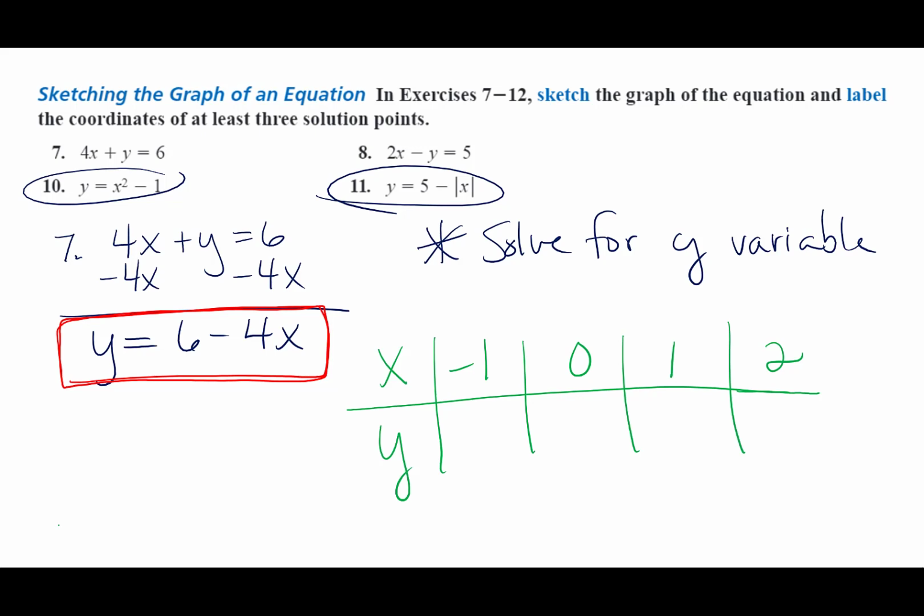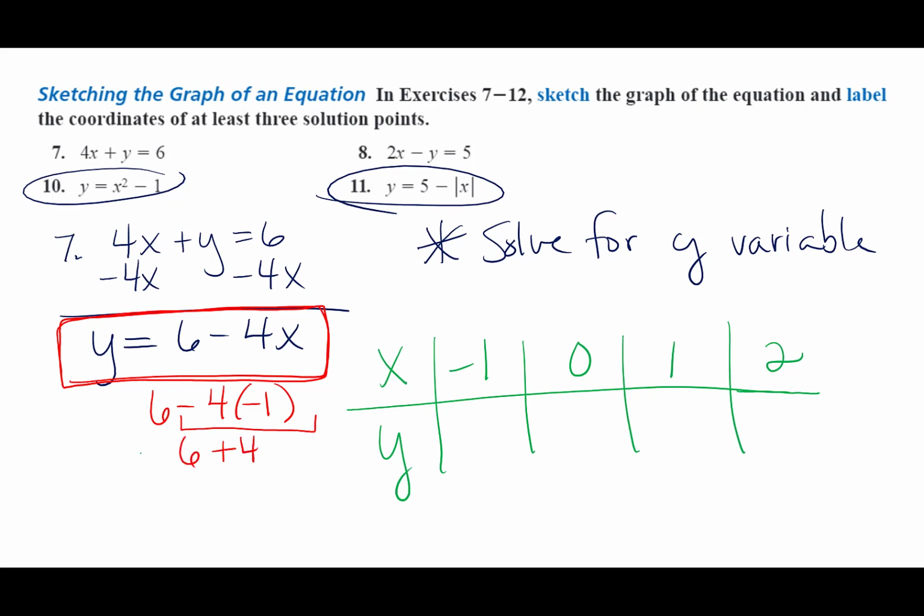Okay, so here's what you do. Just like before, we're going to do this one at a time, and we're going to substitute each of these x values in the equation that I have the red box drawn around to find what y equals. The first one is 6 minus 4 times -1, and I'm going to treat that as -4 times -1, which is +4.